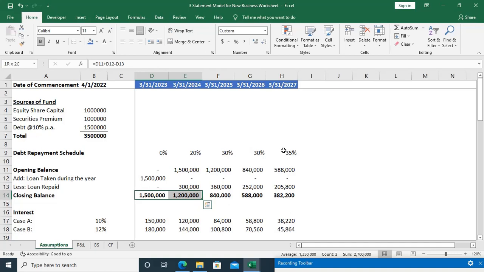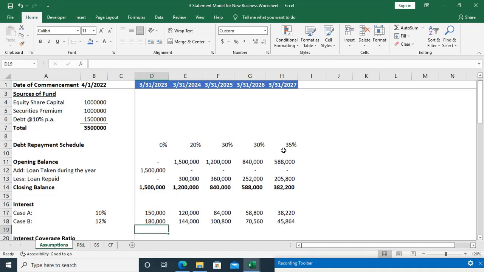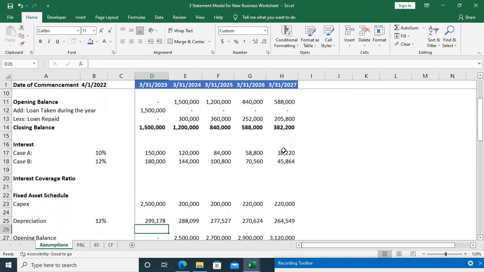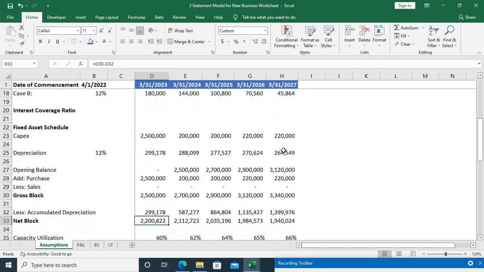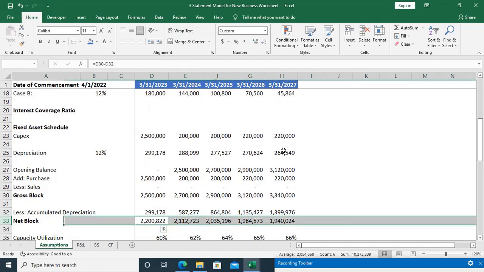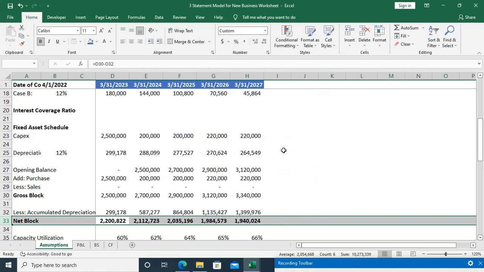Then going down, gross block, net block, shift space control B or OCA.